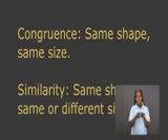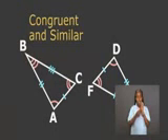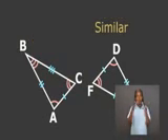Similar figures have the same shape, but may or may not have a different size. Put another way, congruence means that two figures are exactly the same, while similarity means that two figures may or may not be the same size.